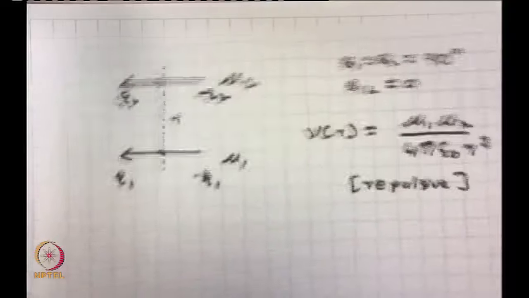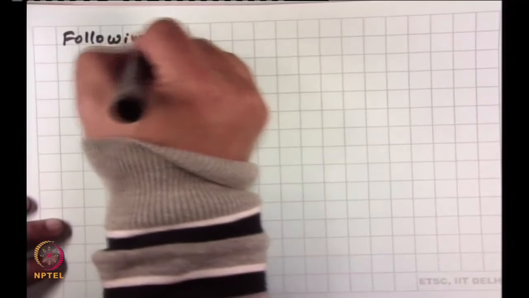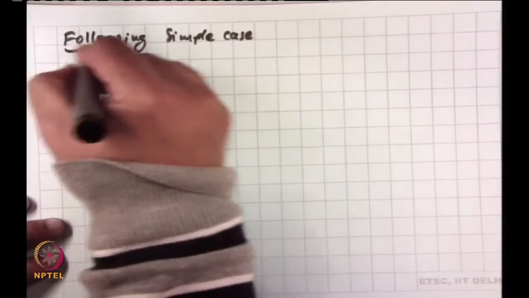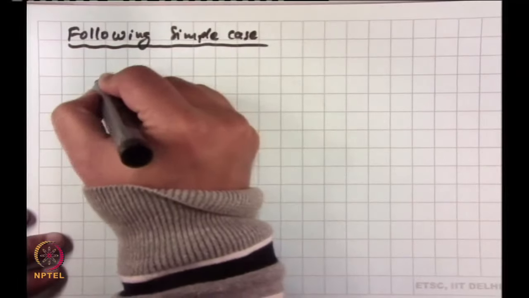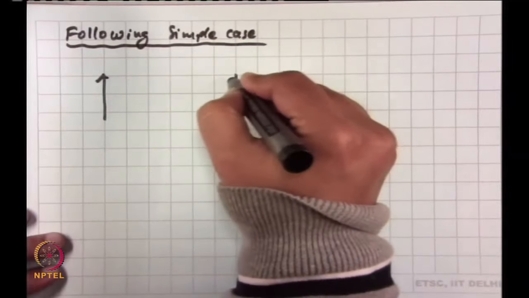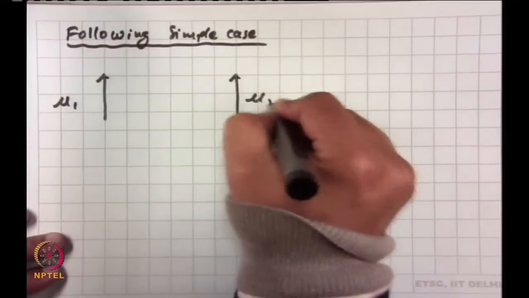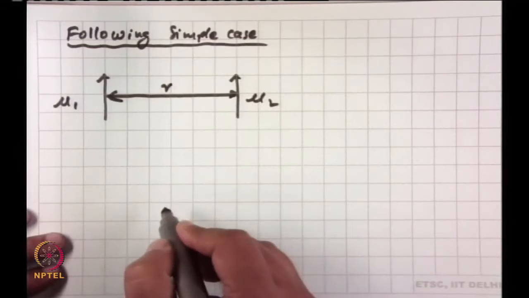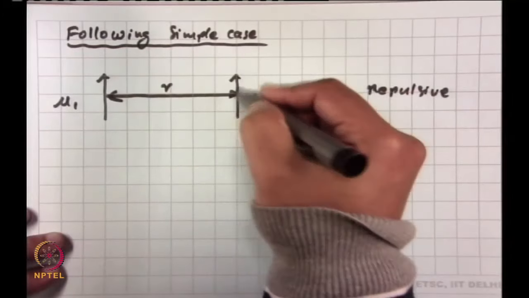So based on this I can have the following simple cases. So what are the cases? I can have two dipole moments aligned like this, right, what we just saw. So this is mu1, this is mu2 and this is again R. So this we saw is what? Repulsive, right? You can see both are pointing in the same direction.